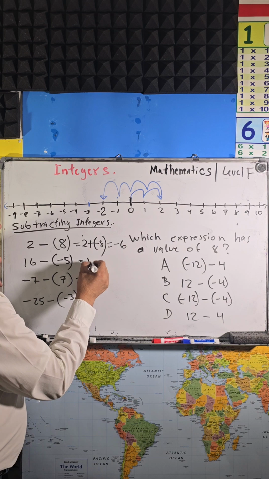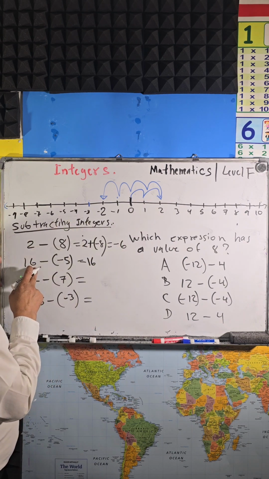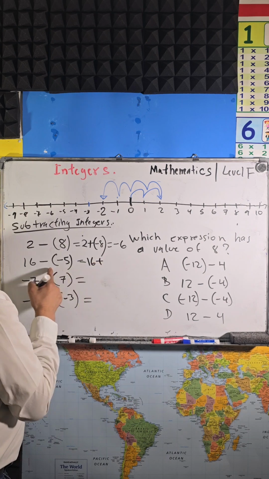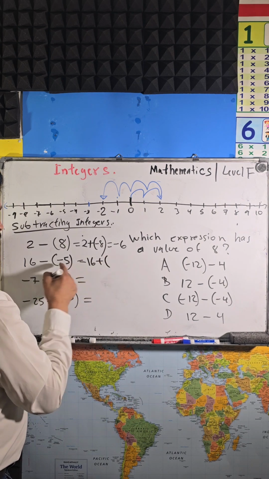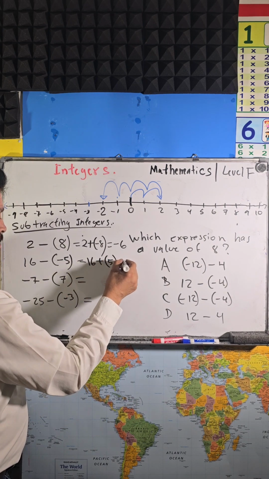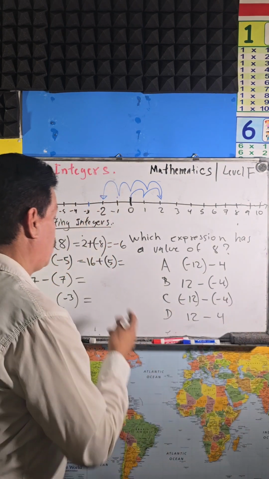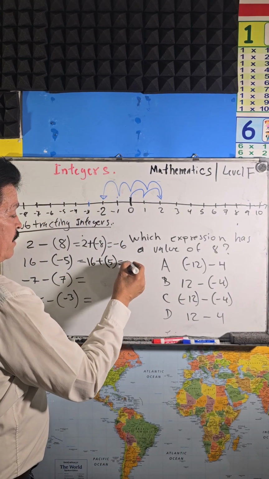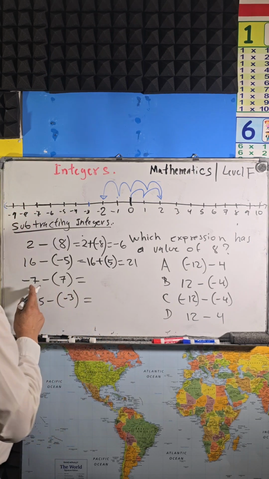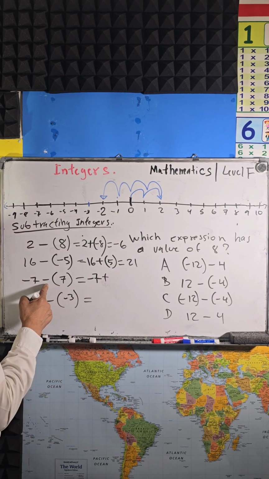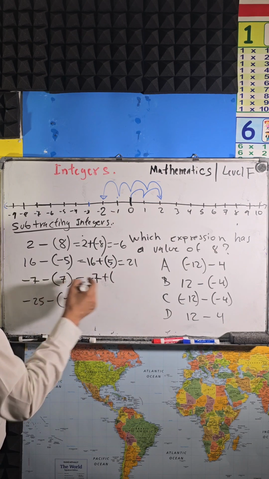Here, 16. The first one, write exactly the same. Plus the opposite of negative 5, plus 5. 16 plus 5 is a positive number, very easy, positive. Here, the first one, write exactly the same, plus the opposite of 7.